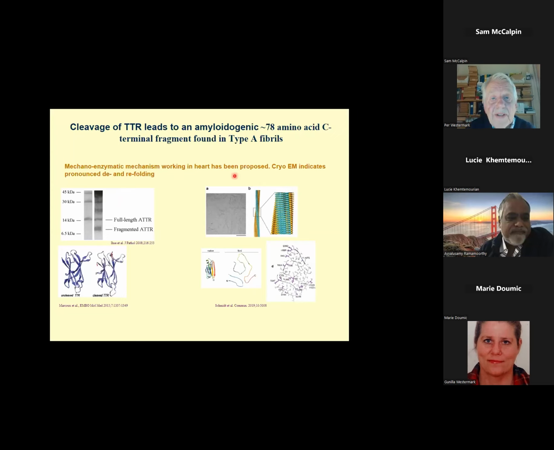The problem is that when the studies of cryo-electron microscopy were performed in Marcus Fändrich's group, that showed that the structure of the TTR deposits in type A amyloidosis is very different from the native structure.